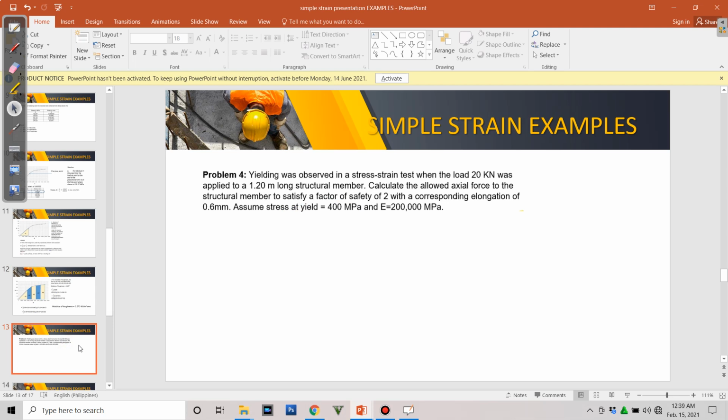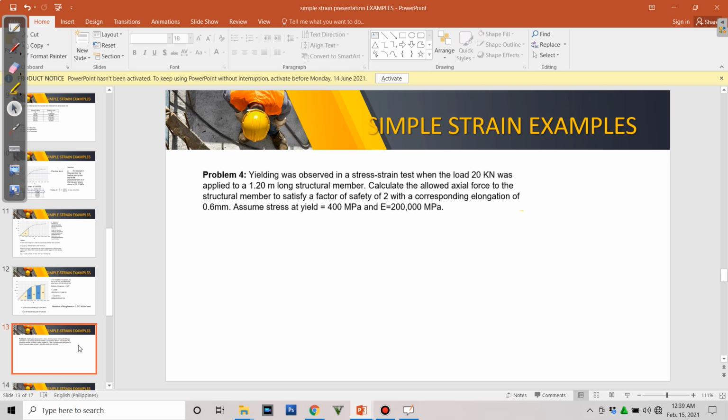Yielding was observed in a stress strain test when the load is 20 kilonewton, and it was applied to a 1.2 meter long structural member.